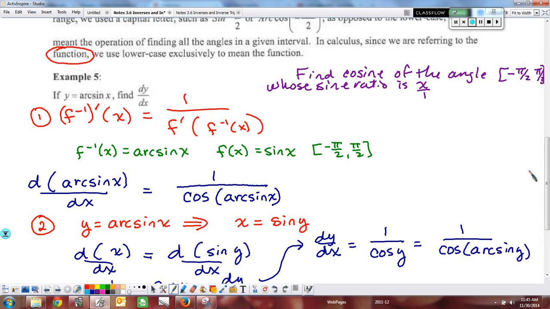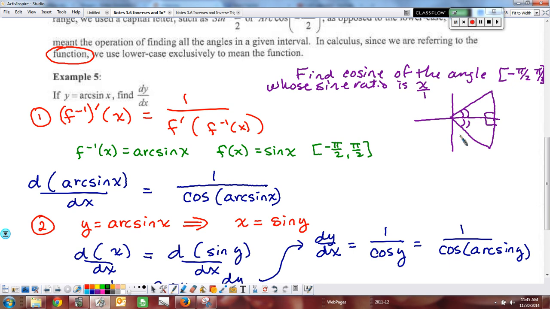Basically we're going to draw triangles. Because we're between negative pi over 2 and pi over 2, I'm going to draw a triangle in quadrant 1 and a triangle in quadrant 2. So the angle we're looking at is either here or here, somewhere that falls in this section.